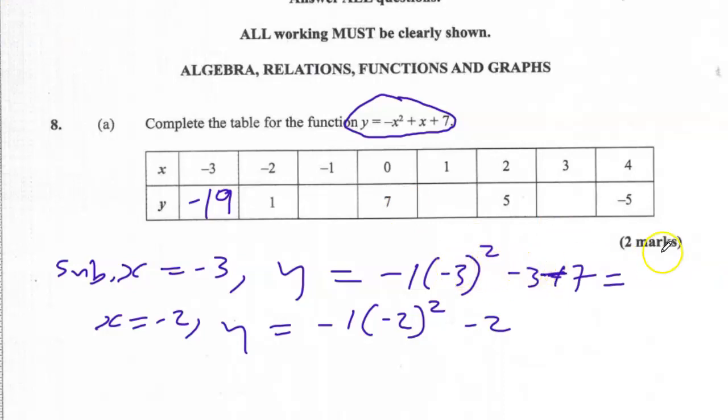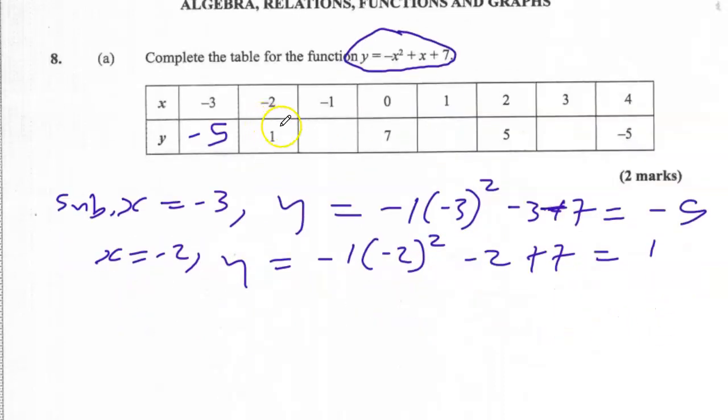Minus 9 plus 4, that's actually minus 5. This is minus 5. Then minus 2 plus 7 is actually minus 4 plus 5, that's 1. Oh, it's there already, 1.